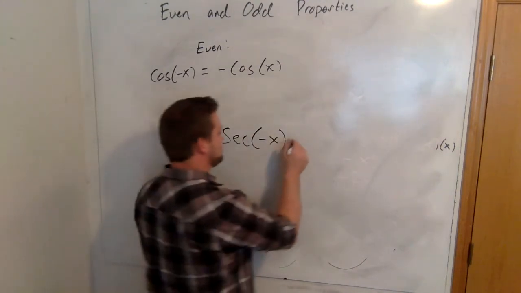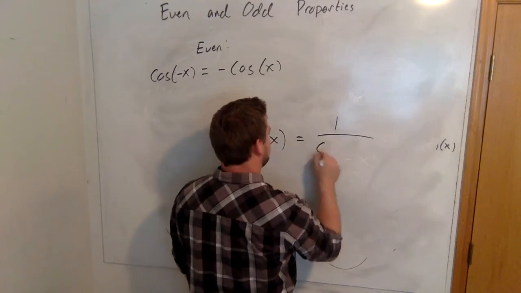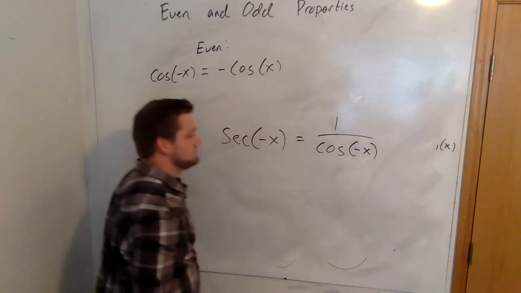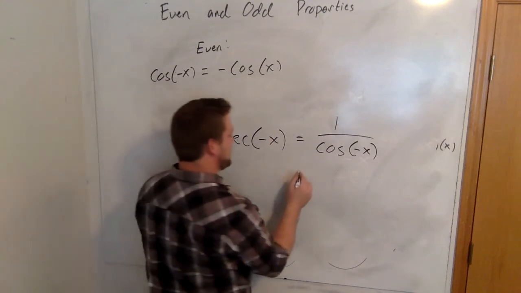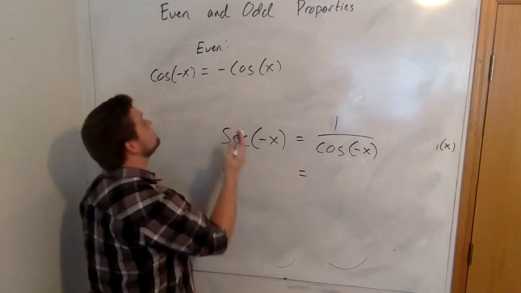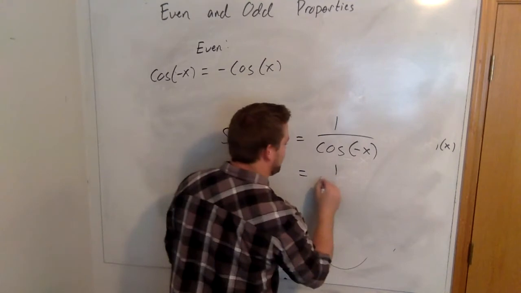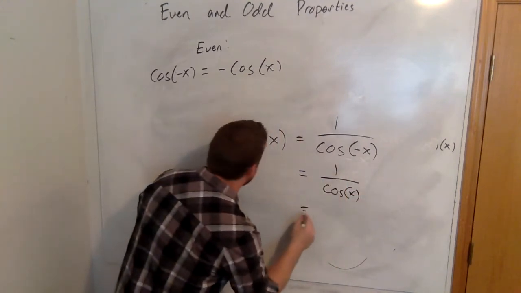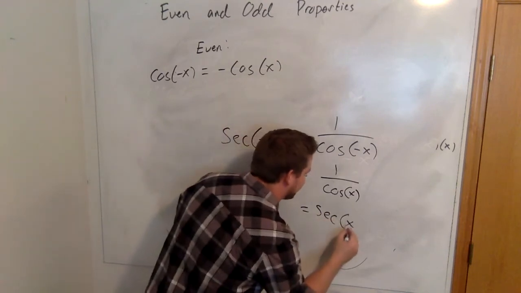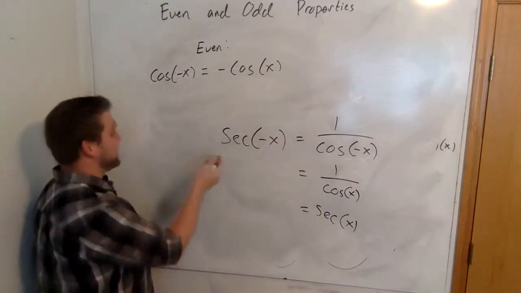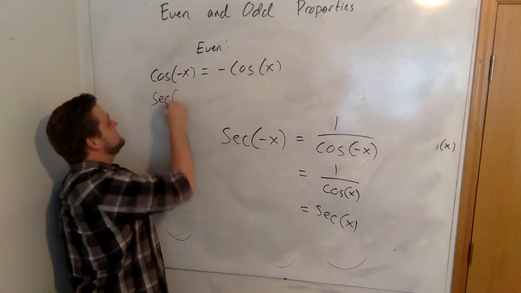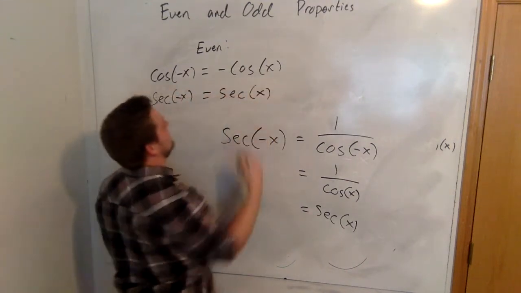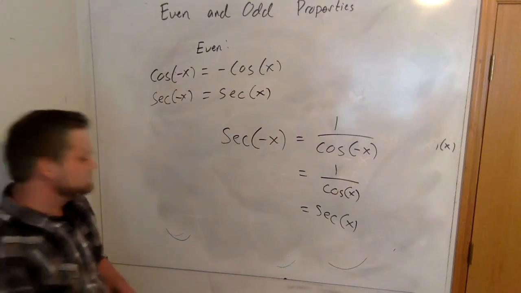Using that reciprocal identity, this is the same thing as 1 over cosine of negative x. But because cosine is even, this is the same thing as 1 over the cosine of x. But 1 over cosine is the same thing as secant of x. So I've hopefully just shown you that secant of negative x is equal to secant of x. So secant is also even.